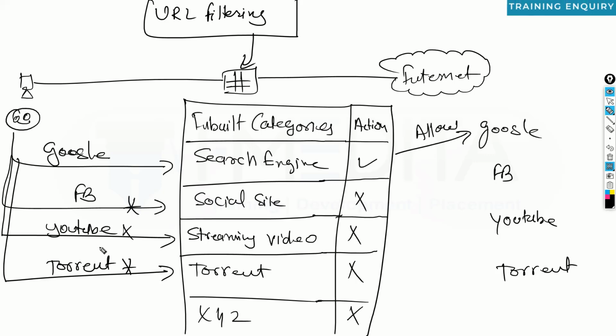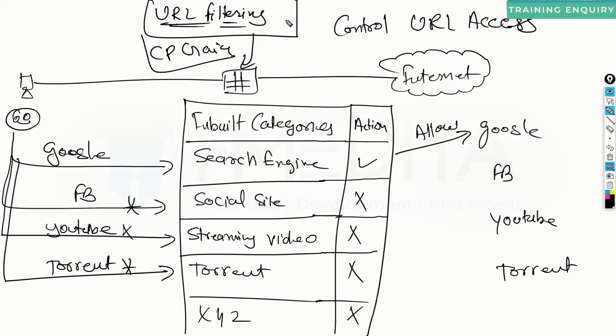So ultimately, the result or benefit is this: if your motto or target is only to control URL access, then you can use the Checkpoint Gaia feature URL filtering. With the help of URL filtering, you can control that.